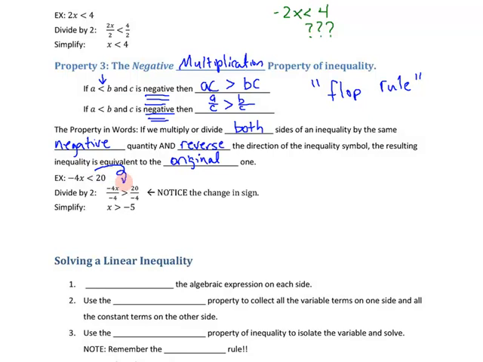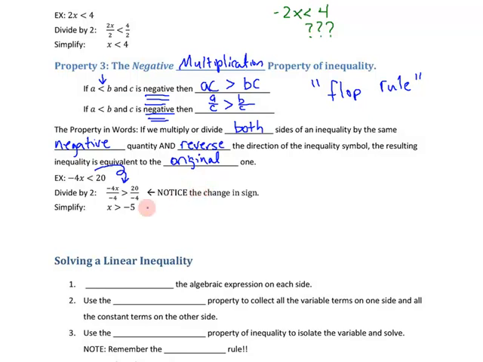Notice how the sign must change directions for that to be true. Okay? That's the flop rule. If I want to multiply or divide both sides by a negative, the sign must change directions.